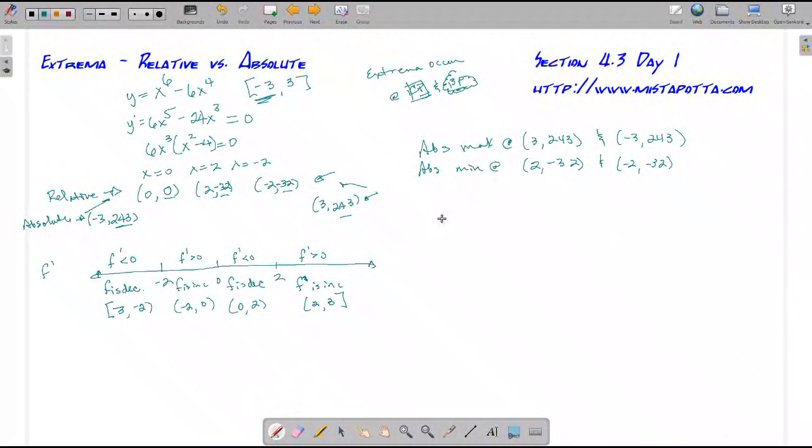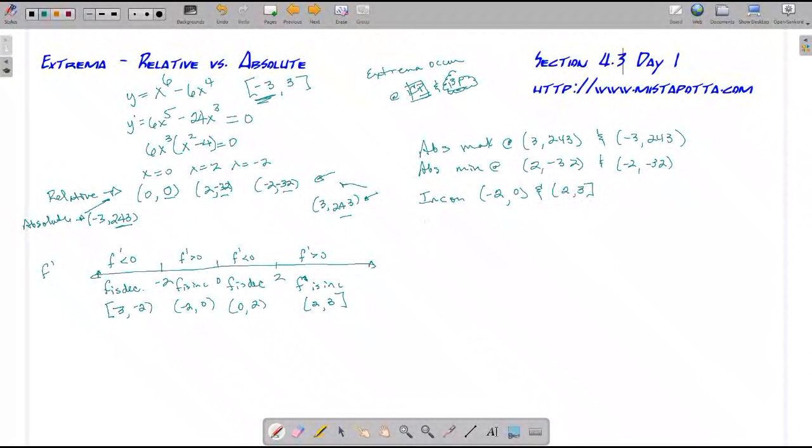And so what I've got here is I know that my function is increasing on several domains. It's increasing on the domain from -2 to 0, and on the domain from 2 to 3.